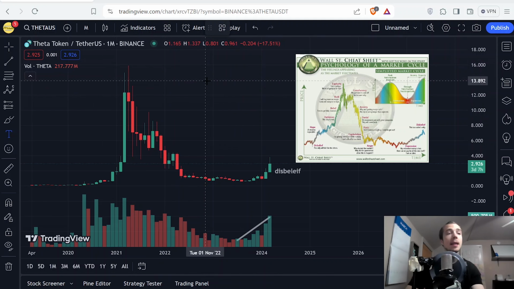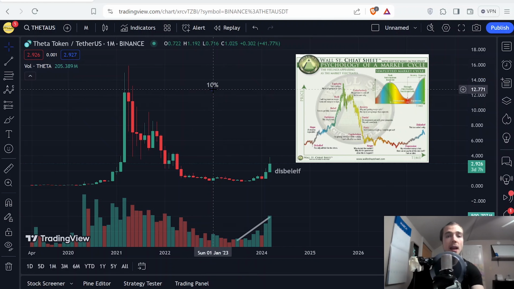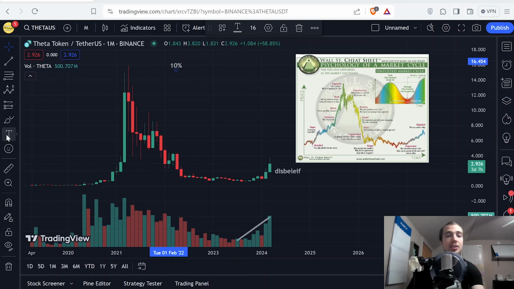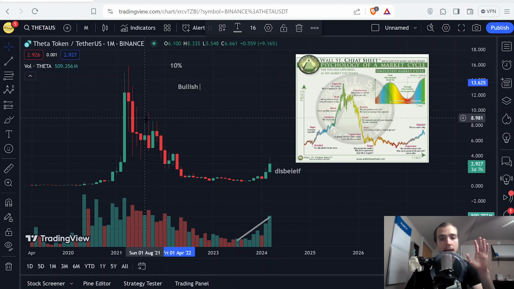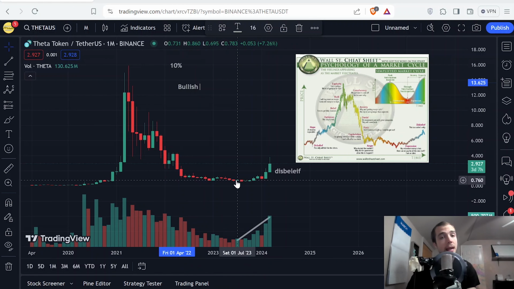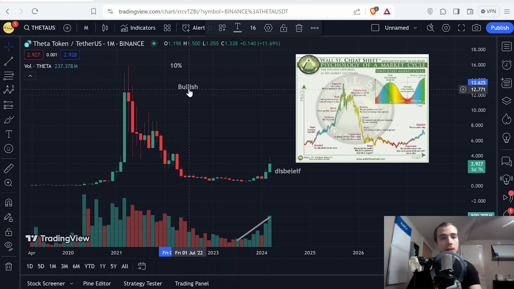So, because 90% of the market of people are disbelieving that it's going to do a new cycle, but that 10% of people that actually move the market, that 10% of people that actually matter, they're bullish, right? They've been buying and accumulating and buying the dip the whole way down, adding more and more as it gets lower. That 10% of investors, those guys are bullish, right?